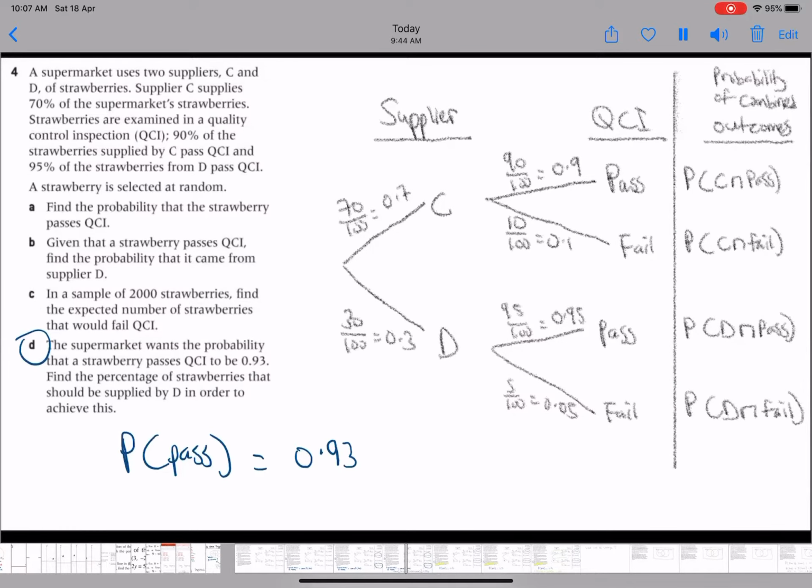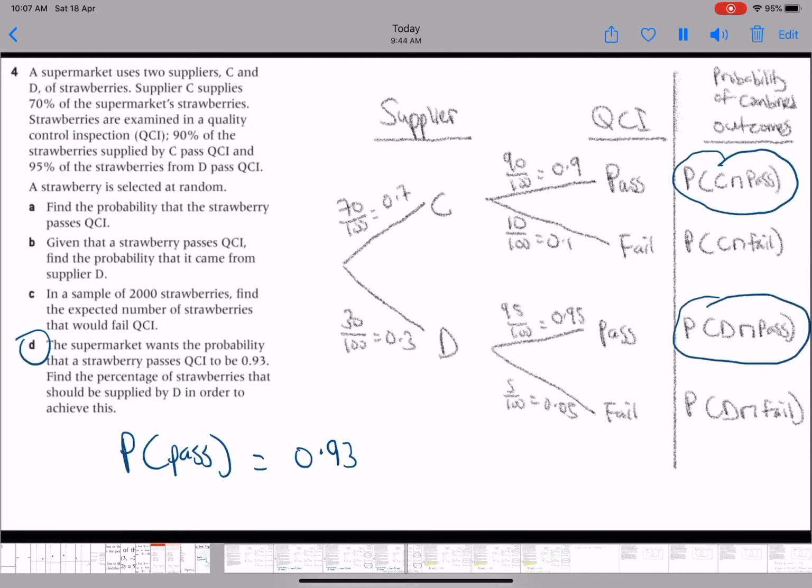They said they want the probability of pass to be 0.93. And the probability of pass comes from C and pass and D and pass. Always remember this is a combined event, so look at the combined outcomes.